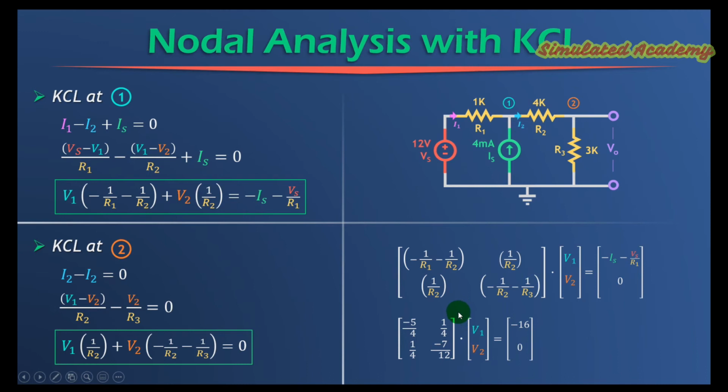If you solve this matrix, you will find that V1 is equal to 14 volts and V2 is equal to 6 volts, which is exactly what we are asked to find, that is V0.